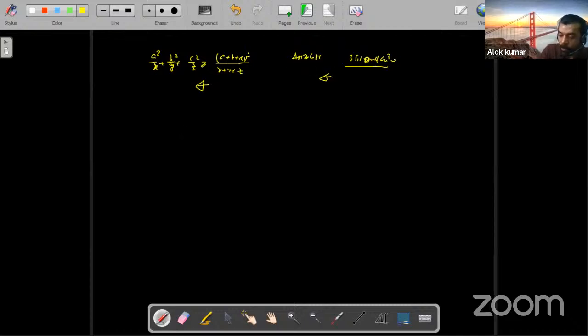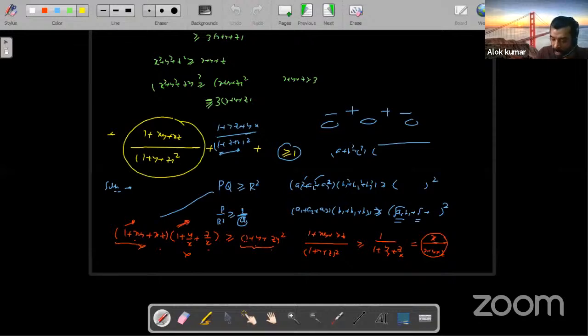If you see somewhere this kind of thing, a plus b plus c whole square over x plus y plus z, then you should quickly say that, okay, this is nothing but a square over x, b square over y, and c square over z. This takes some practice, because you are not accustomed to it. You are accustomed to writing this way, so you would not see it. Okay, so this is this. Now look hard at this question.